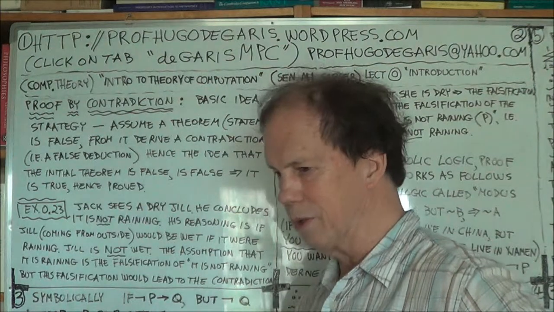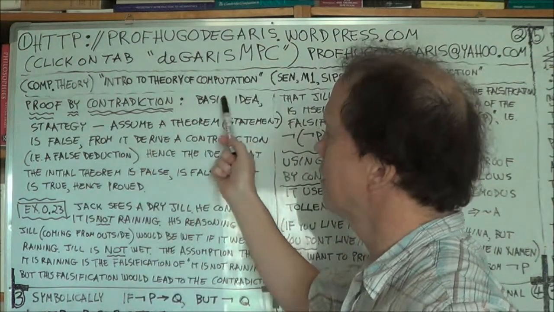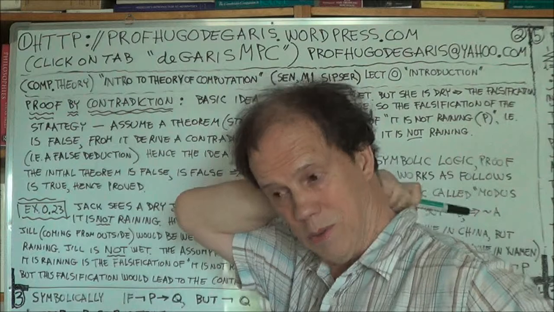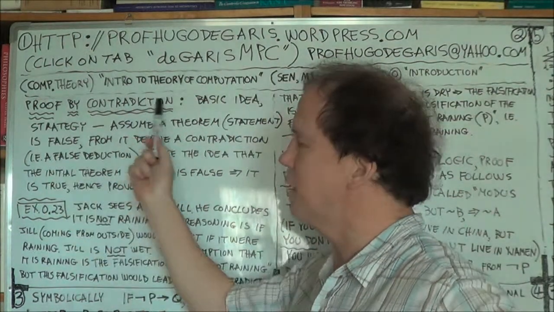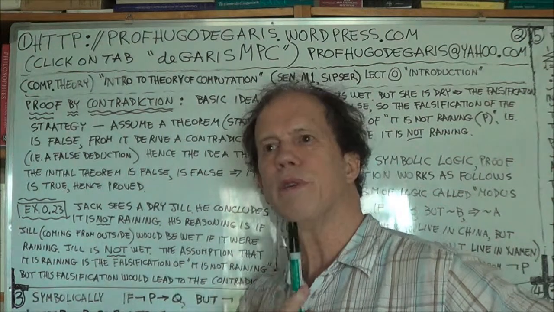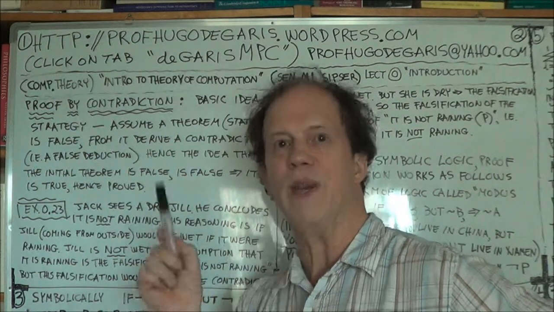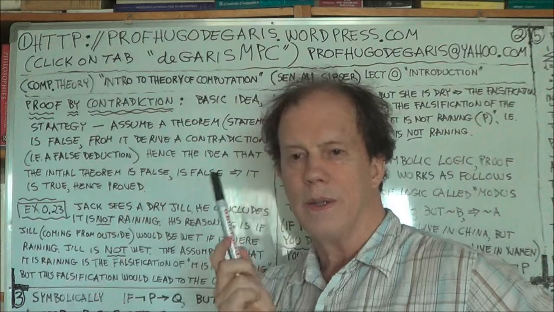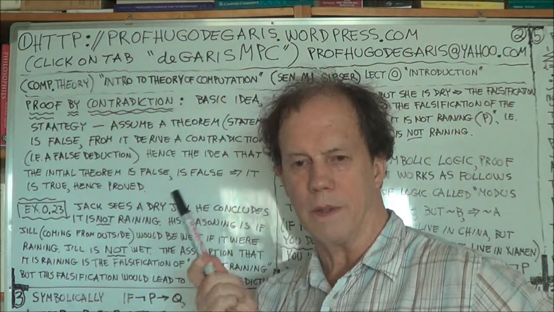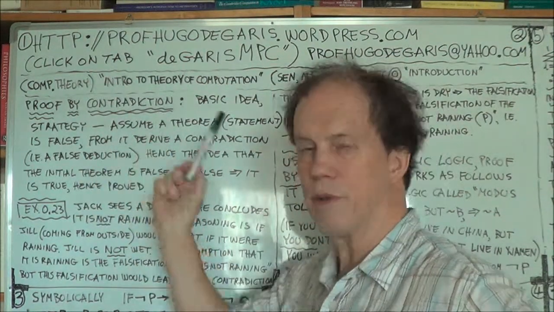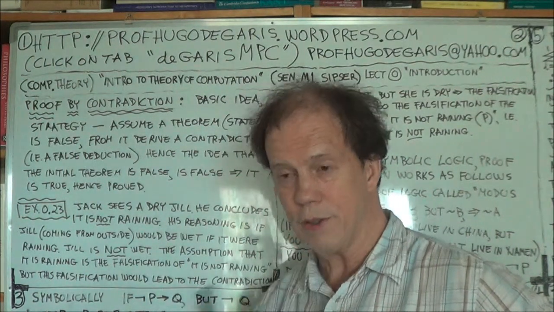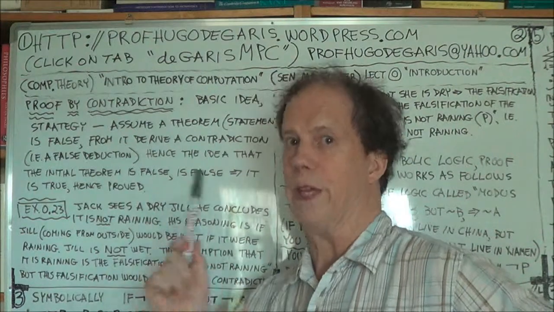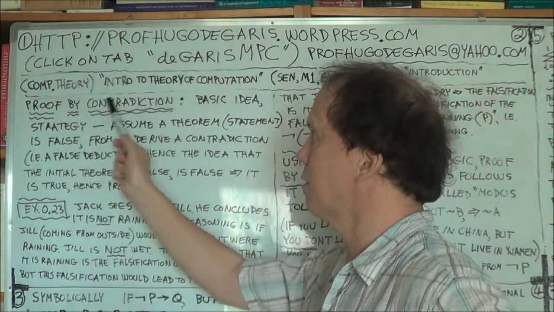How does that work? What's the basic idea, the basic strategy? Well, as its name suggests, say you're trying to prove some mathematical statement, P, whatever it is. Using this kind of proof, you start with the opposite. You start with not P, right? And hence, that's why it's called contradiction.